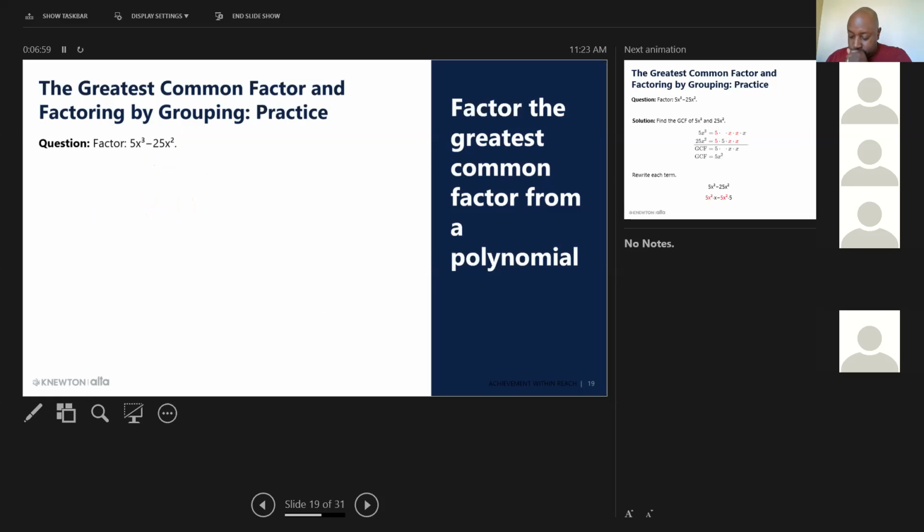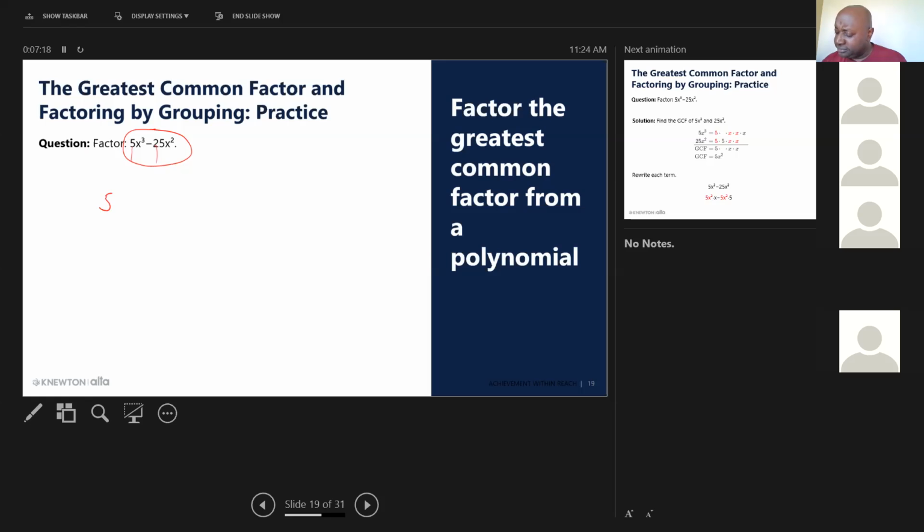Next we have to factor 5x to the third minus 25x squared. My greatest common factor between 5 and 25 is 5.